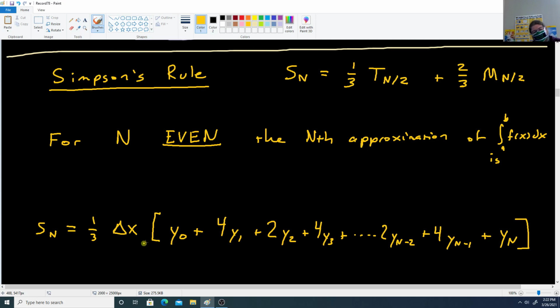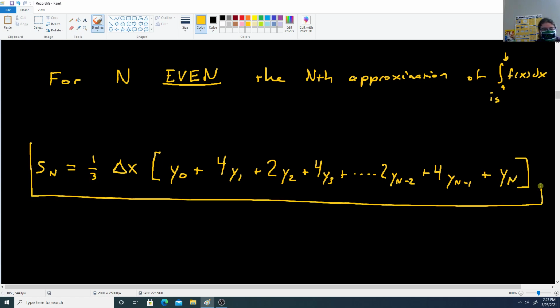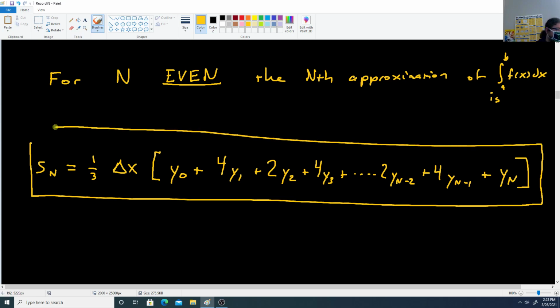So instead of having all 2 patterns, you have this alternating. It starts with the 4, and it goes 4, 2, 4, 2, 4, 2. It'll stop with the 4. And then the starting number and the stopping number here don't get any little numbers in front of them.